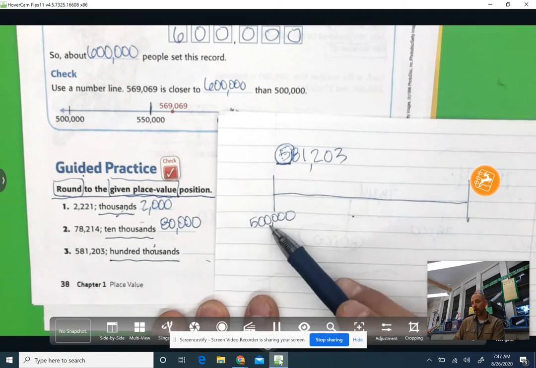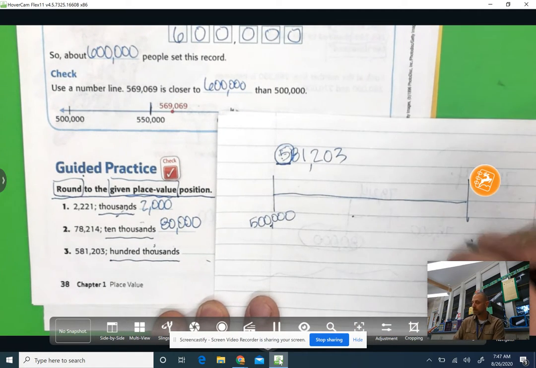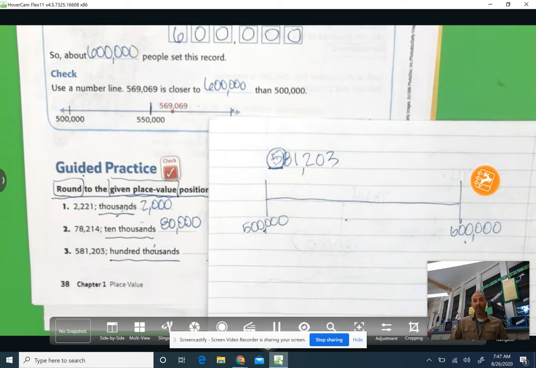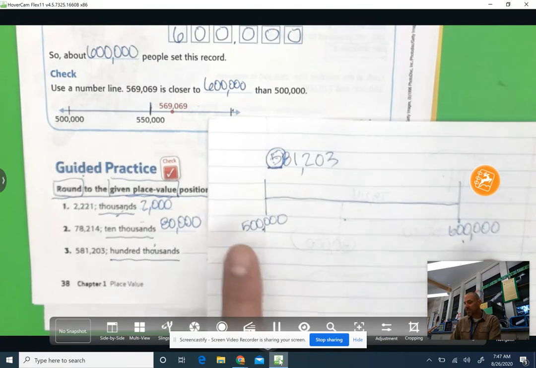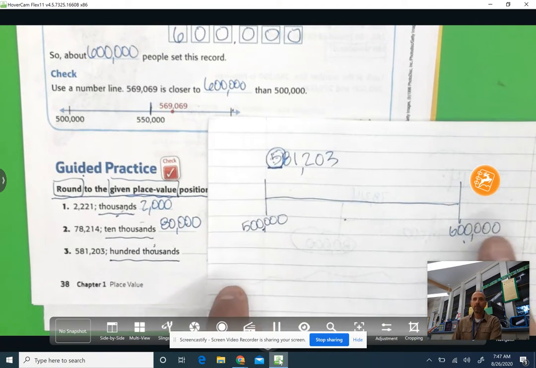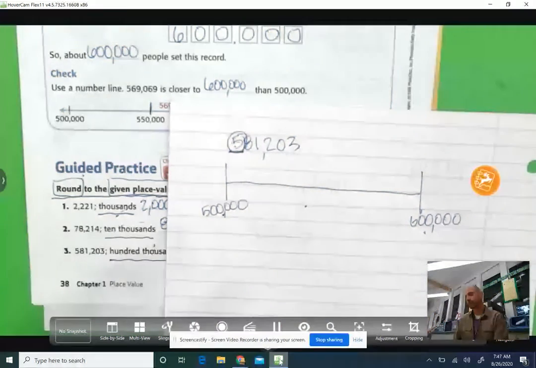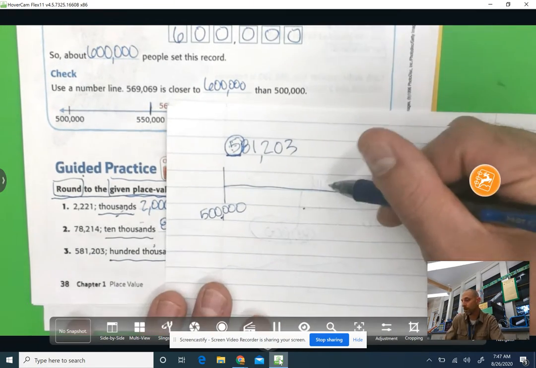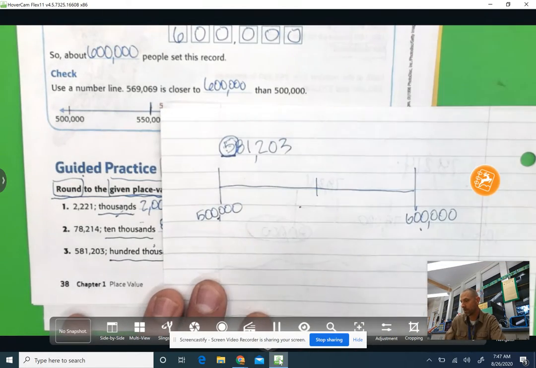Okay, well, after 500,000 is 600,000. That means 581,203 is somewhere in between 500,000 and 600,000. And so when we look at this number line, we want to figure out what's in the middle.